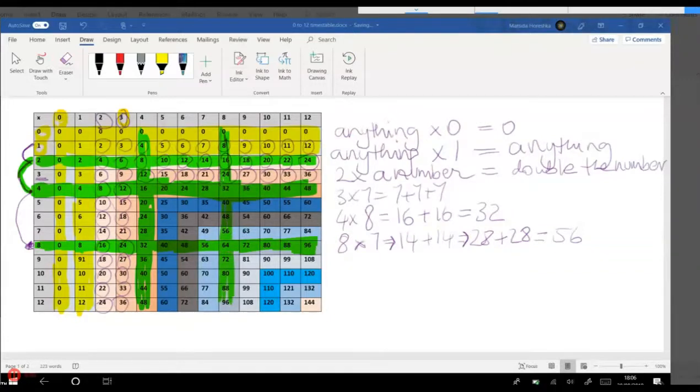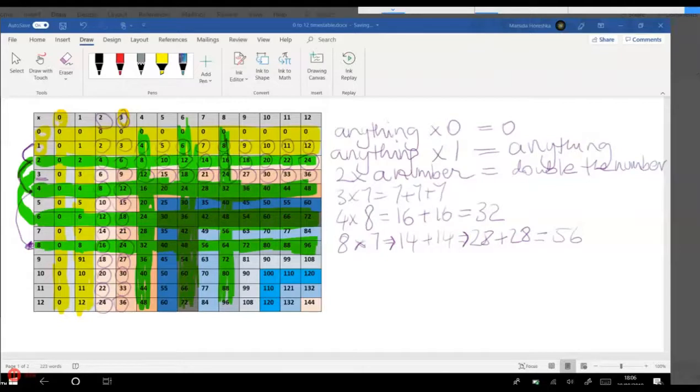Okay, so let's now make another connection. So we did the 3s. What is the connection between 3 and 6? It's just like the 2s and the 4s, so it's double. So if you know your 3s, then the 6s are just double the 3s. So let's try it with one example.